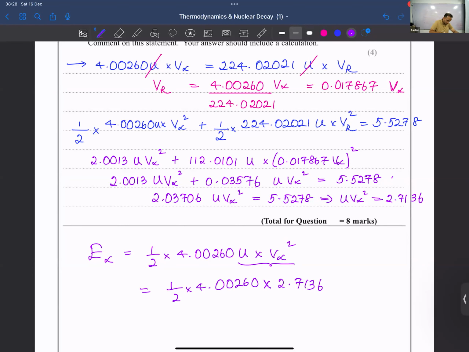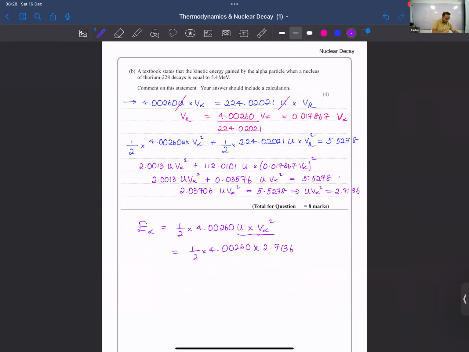What is the answer? 5.43 is what I'm getting.